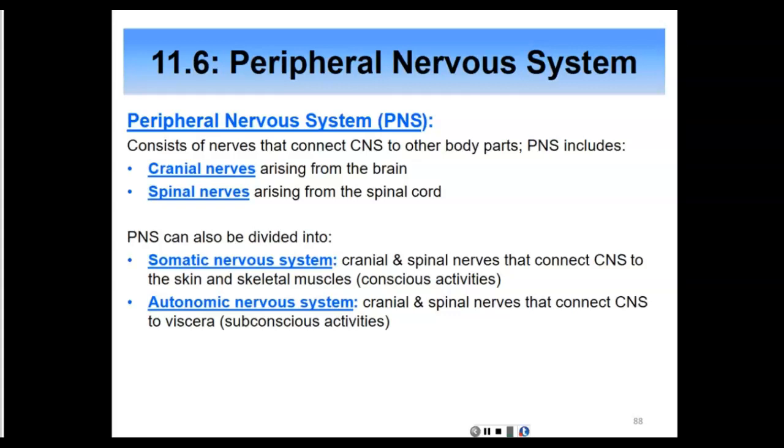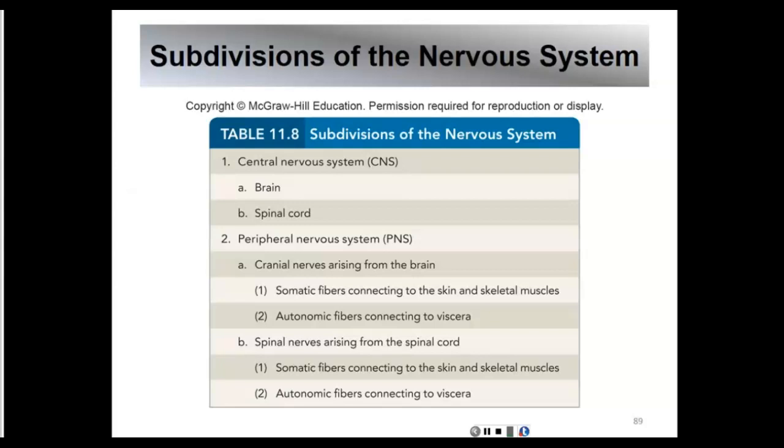We talked about this back in chapter 10. Somatic means conscious activity, and autonomic, think automatic, so organs. Here's a little breakdown of the nervous system.